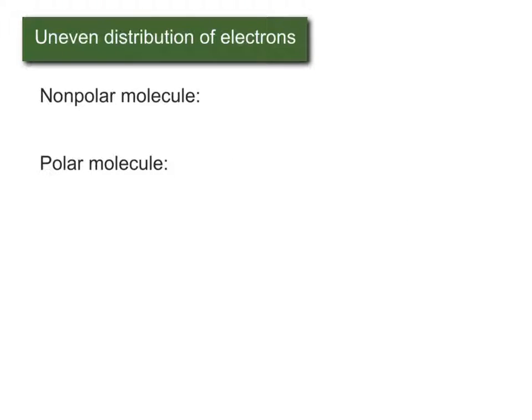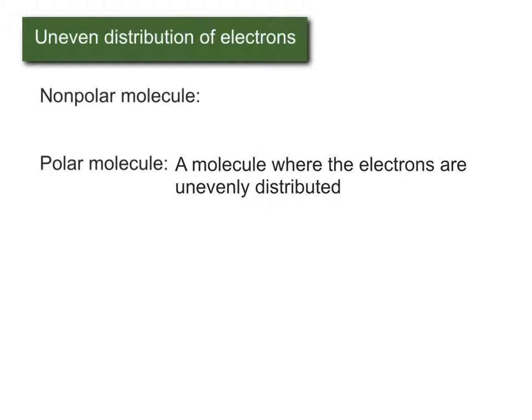So if a polar bond is the uneven sharing of electrons, a molecule that has polar bonds in it would have an uneven distribution of electrons. So a polar molecule is going to be one where the electrons are unevenly distributed, and a nonpolar molecule is going to be one where they are evenly distributed.